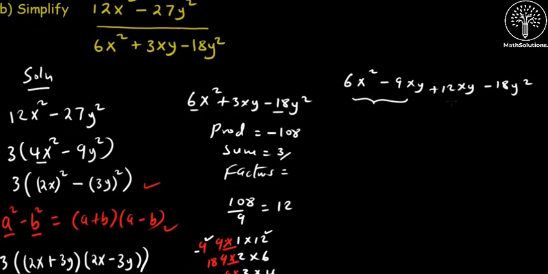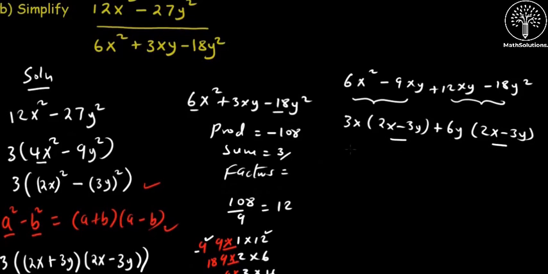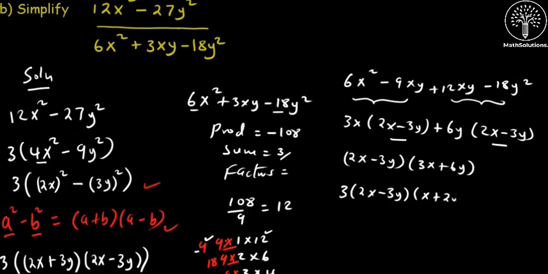Grouping, we have 6x squared minus 9xy have a common factor, that is 3x into 2x minus 3y, plus 6y into 2x minus 3y. 2x minus 3y is a common factor, so we have 2x minus 3y factored out into 3x plus 6y. This further simplifies to 3 into 2x minus 3y into x plus 2y.